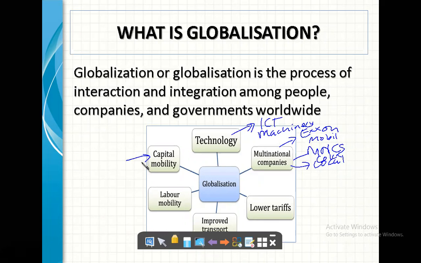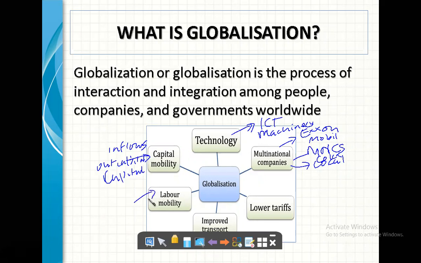We're talking about inflows and outflows of cash or capital. So capital covers investment, savings, transfers, everything that we have seen in our balance of payments. Is that right? Yes.